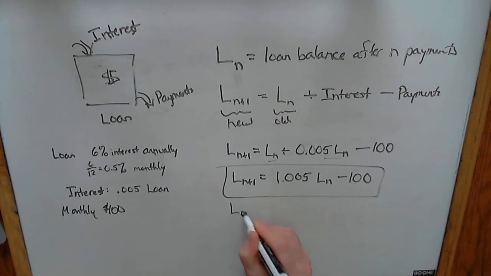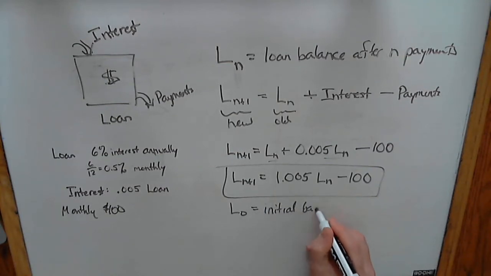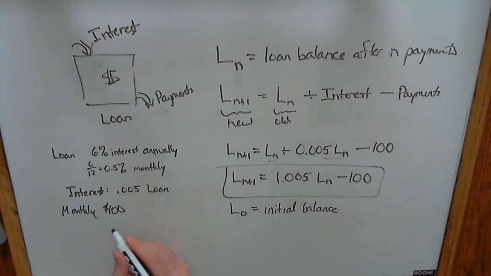And then my initial balance is how I start my equation. I've got an initial value, I've got my monthly balance. Let's pretend for just a minute that my original balance is $2,000. So let's do a loan for $2,000.